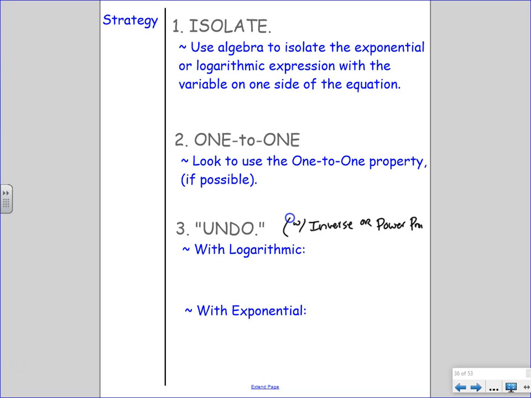But even though all of those on the other page said the inverse property, guess what? I'm saying you undo with the inverse property or the power property. You undo with either the inverse property or the power property.